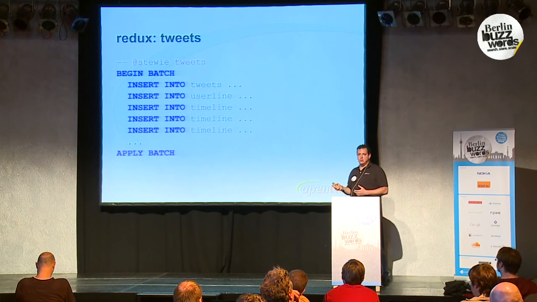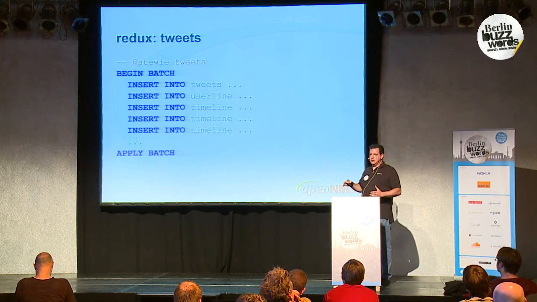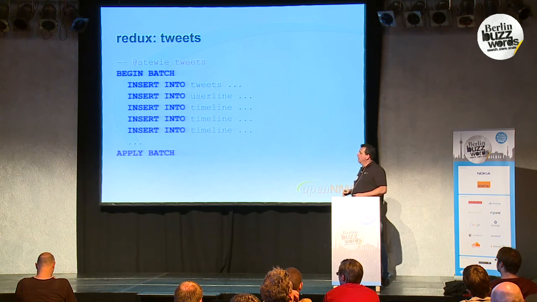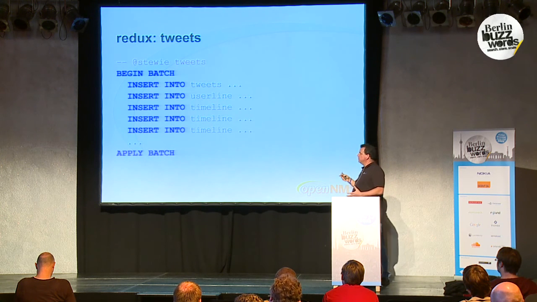And then for every follower that user had, remember I said at some point we're going to want to know who's following Stewie, for every user who follows Stewie, we will also need to store it into their timeline, into their materialized view of the tweets they're interested in. And again, this is something you probably want to wrap in a batch mutation so that it's atomic. This is all data that's meant to correspond with each other, so you want it to be consistent.